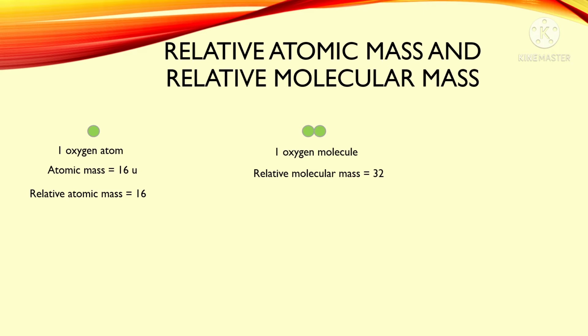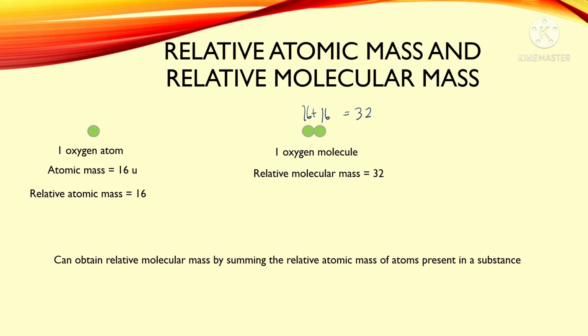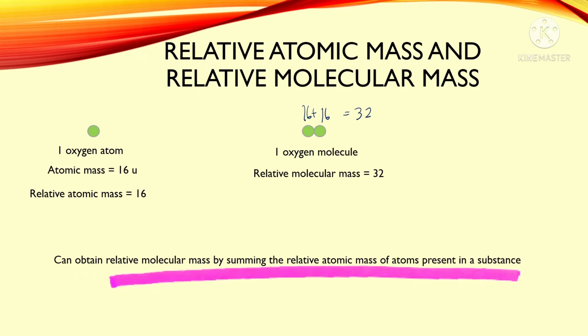Basically, just by summing up the relative atomic mass of 2 oxygen atoms, 16 plus 16 to give us 32. From this, we can conclude that if we want to get the relative molecular mass of a molecule, we just need to sum up the relative atomic mass of atoms present in the molecule. This concept also applies in determining the relative formula mass for ionic compound.